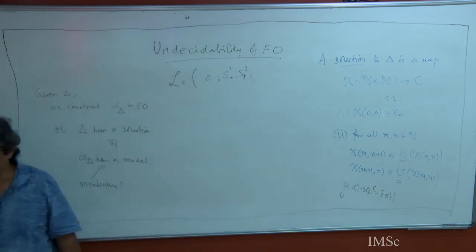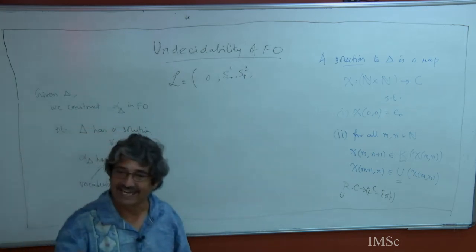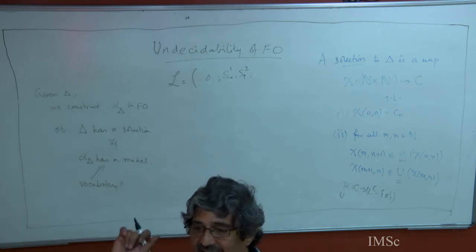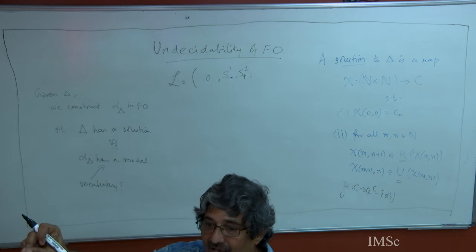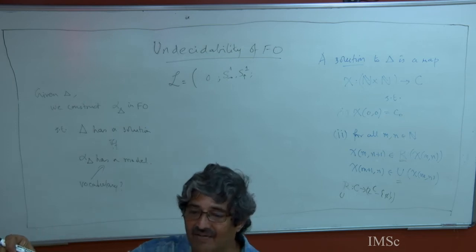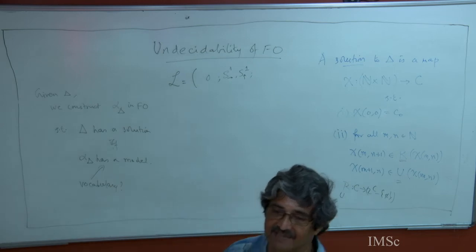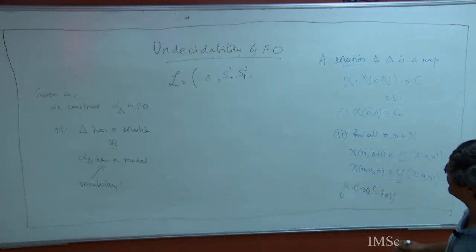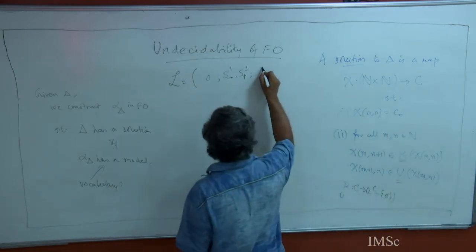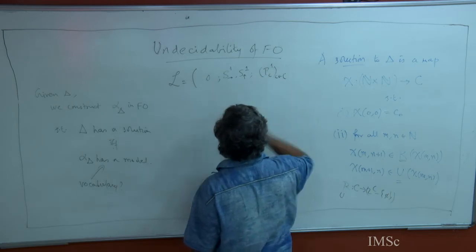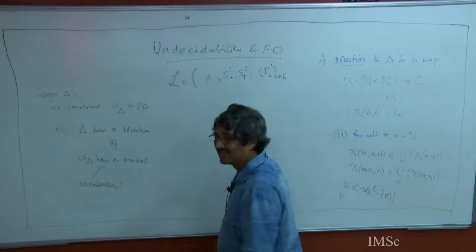I need a right successor and I need a vertical successor, a horizontal successor and a vertical successor. Is this clear? I have a point in the domain, and along with every point in the domain, I want a right successor and an upper successor. And of course, I want the predicate symbols. Do you need anything else?